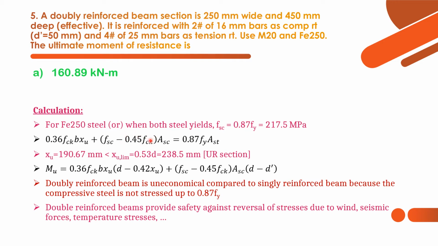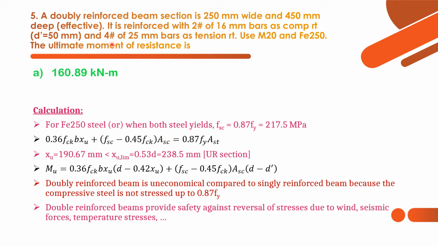That is the same thing followed here, into ASC equal to 0.87 FY AST. So upon substituting all the things over here, FCK is 20, B is nothing but 250, XU that we have to calculate by using this relation, FSC 217.5 megapascal, 0.45 into 20 into ASC.